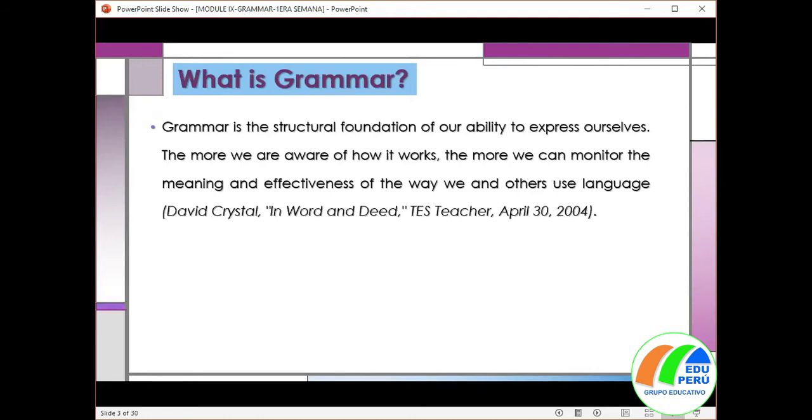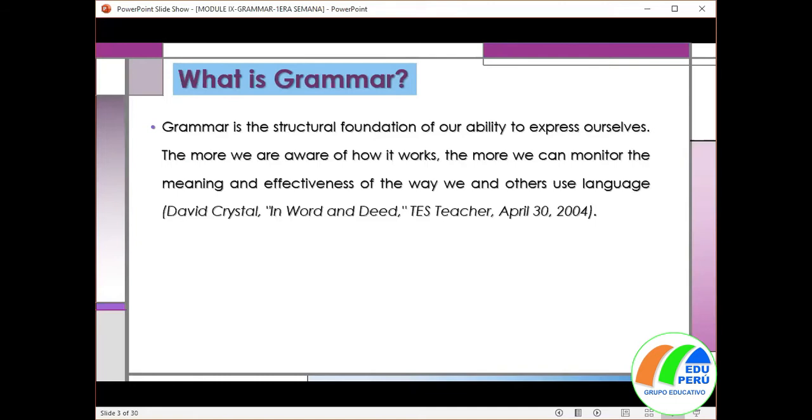Grammar, so here we have the first definition. It was said by David Crystal, in this journal. This was a journal from 2004. According to David Crystal, grammar is the structural foundation of our ability to express ourselves. The more we are aware of how it works, the more we can monitor the meaning and effectiveness of the way we and others use language.